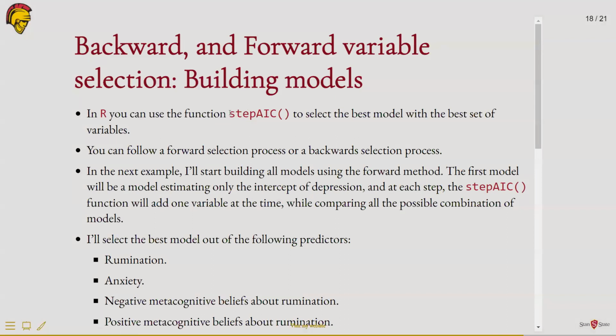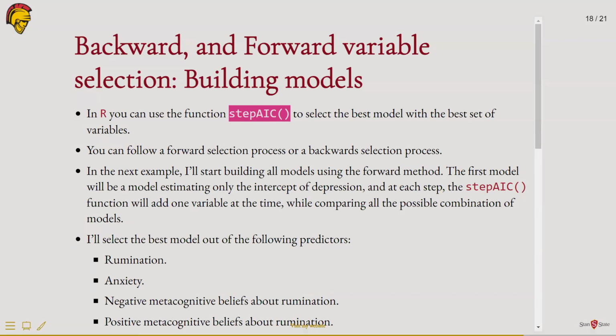As I said, in R, you can use a function, step AIC. This function will compare all the possible models if you give all the possible combinations to the function, which is nice. So you can have, I don't know, 50 predictors, and the function in less than 1 second will tell you what is the best model according to the AIC value, right?